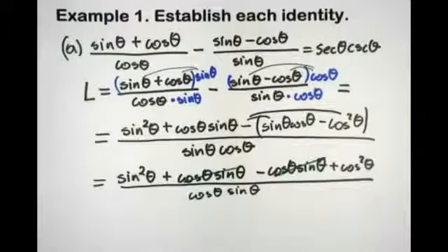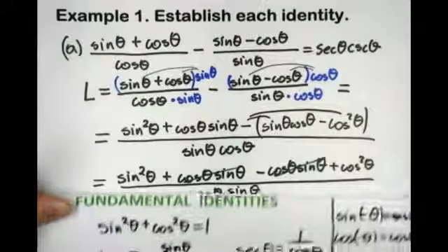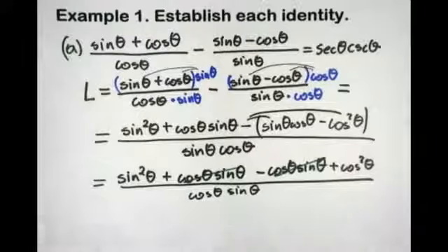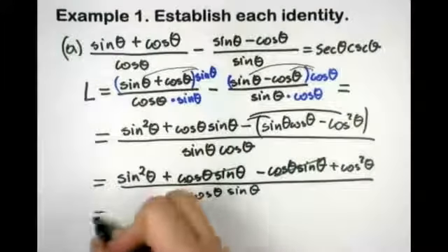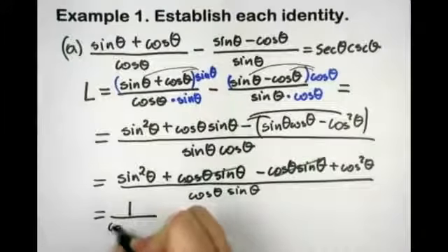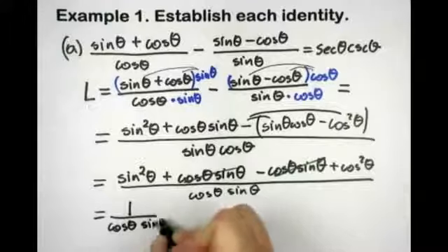But sine square plus cos square, using the fundamental identities, is equal to 1. So we are getting 1 over cos theta sine theta.